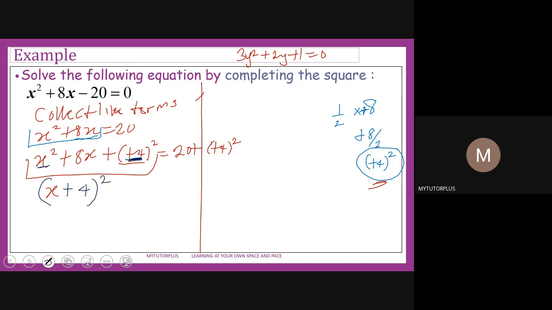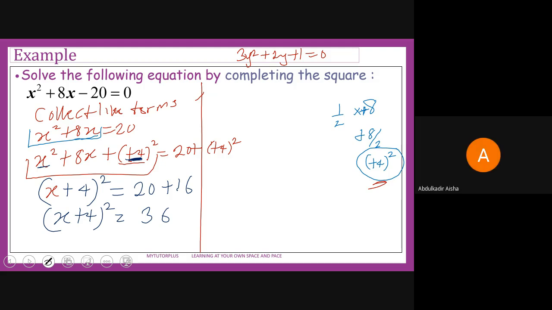Is that clear? Yes. Now at my right-hand side, I'm going to have 20 plus 4 squared, which gives me 16. Then the next step: x plus 4 all in bracket square equals 20 plus 16, which gives me 36.